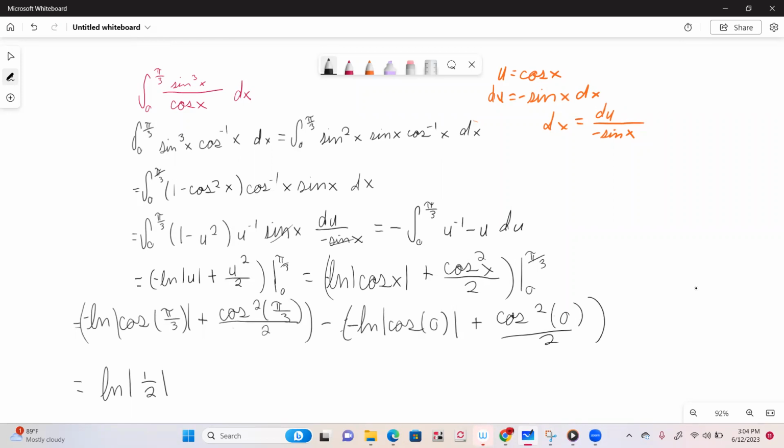So sorry about that. So this is actually negative ln of 1/2 plus, again, remember cosine of pi over 3 is 1/2. 1/2 squared is going to be 1/4, and this just is over 2.